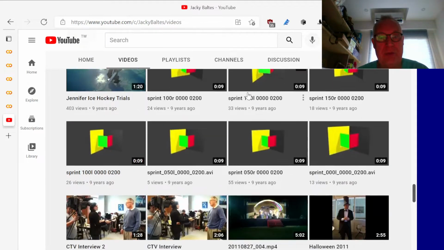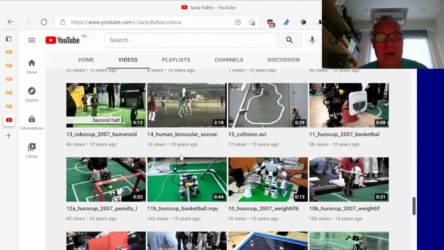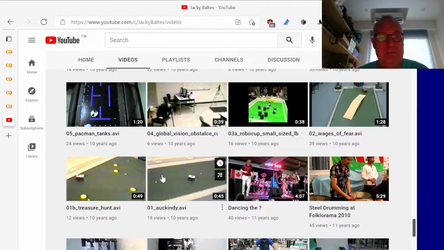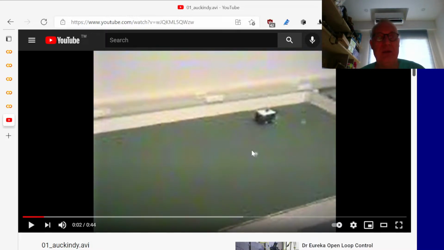So some of the first robot projects that I did was using toy cars, remote control toy cars, and we took the remote control and connected it to the parallel port of the PC. So you know how long ago that was, because I haven't seen a parallel port on a computer in 20 years, maybe 15 years. So it's been a long time.